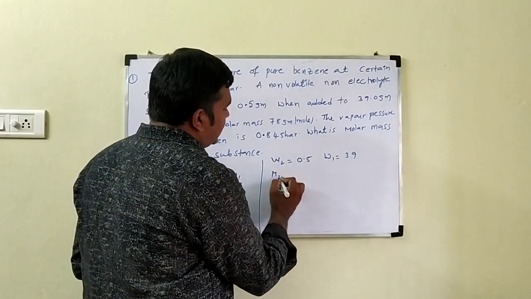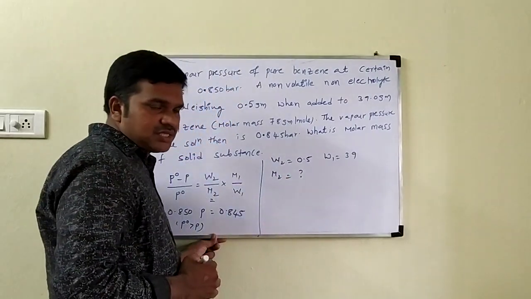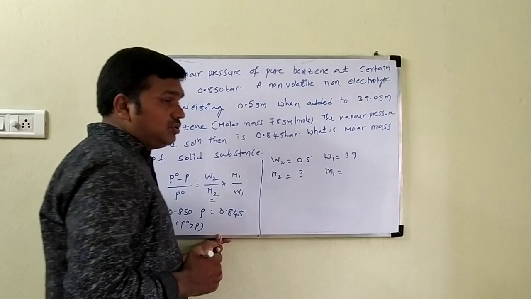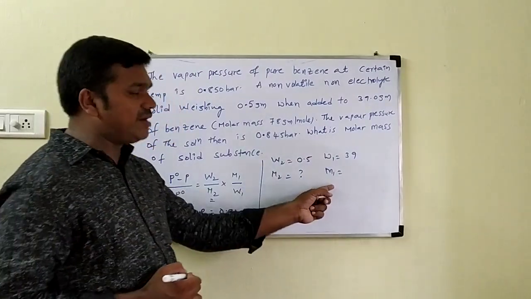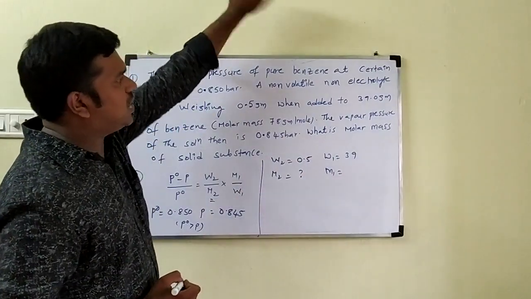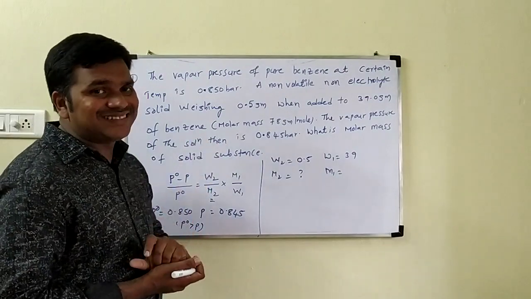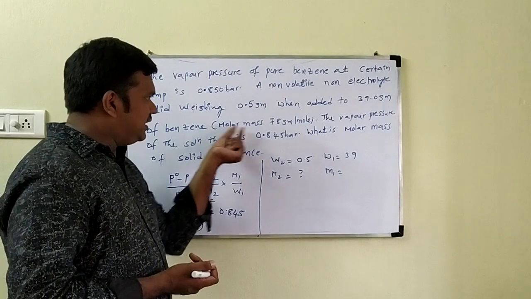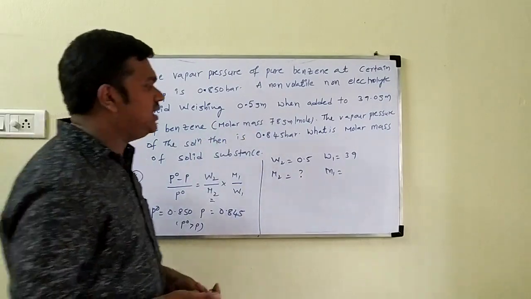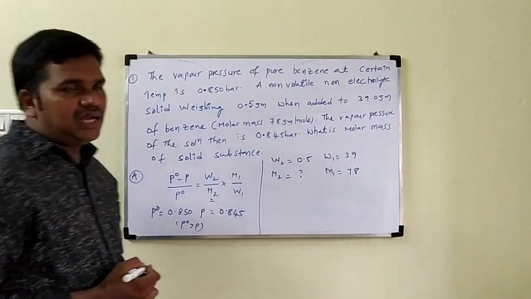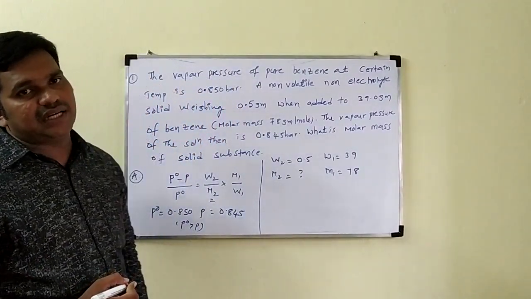Now we have to write M2, which we have to find, and we have to know M1. M1 is the molar mass of the solvent. What is the solvent here? Benzene, formula C6H6. They have already given the molar mass, 78 only. So like this you will get the information from the given data only.